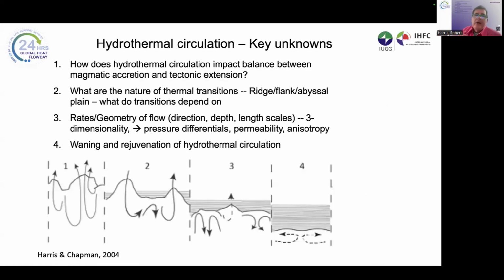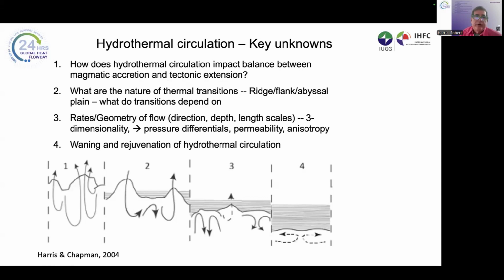Okay, so hydrothermal circulation in the oceanic crust is generally viewed in terms of age of the plate or age of the crust. But I think it's also important to think of hydrothermal circulation in terms of the different environments. So we have the ridge environment to more and more sedimented ridge flank.